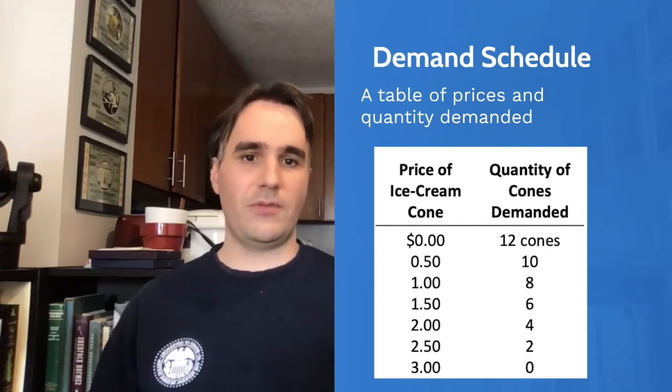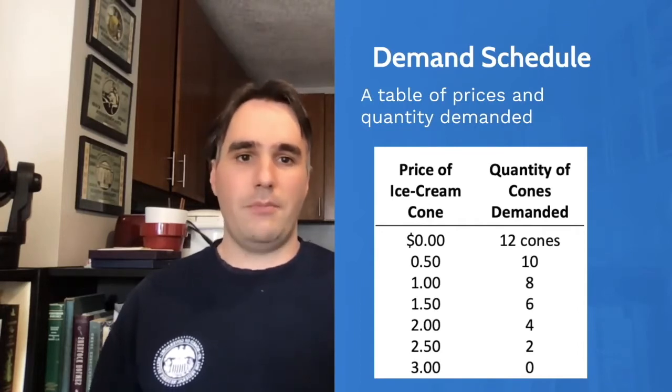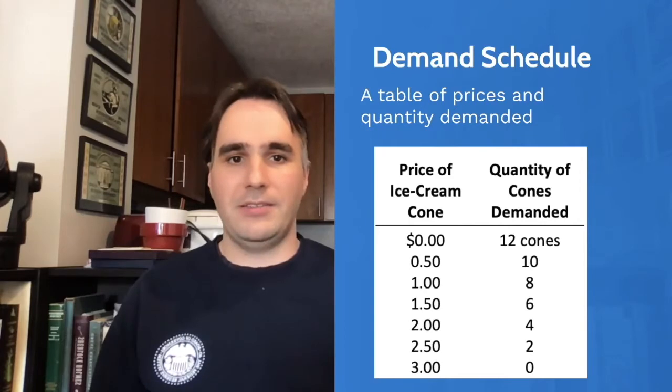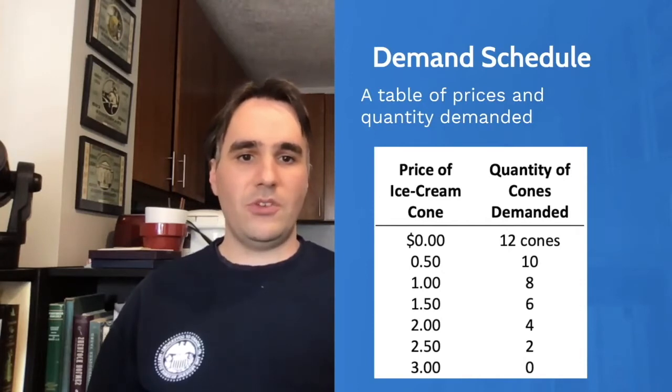If the price of an ice cream cone was $0, it was free, the buyer would want 12 of them. If the price was $2, the buyer would want 4 of them. And then obviously if the price went up to $3, the buyer just doesn't want to buy any more. And so this schedule is one way.